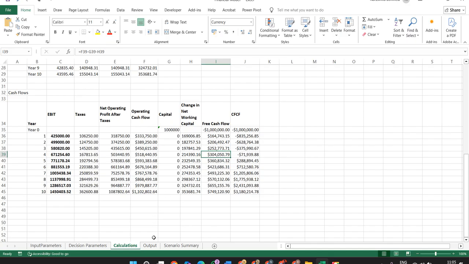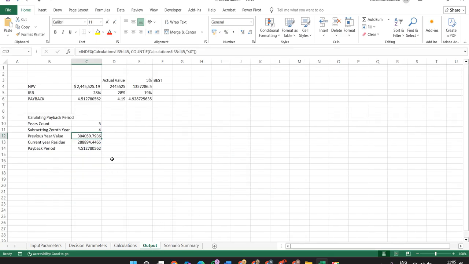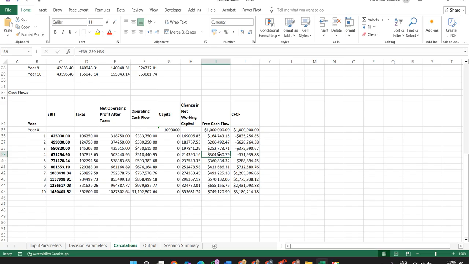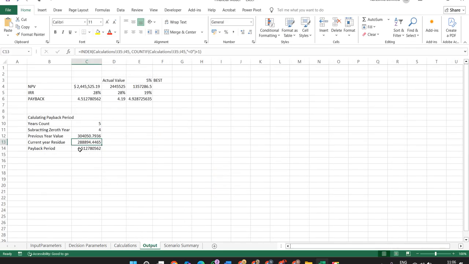I also took the jth column's same reference value. I need to make a total of these two things, and this one should be divided by the total value. I took C11, divided it by these two additions, and I got 4.5. This is the payback period value. It is a simple calculation, and the payback period is correct.